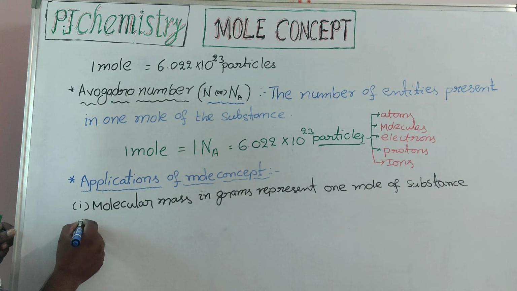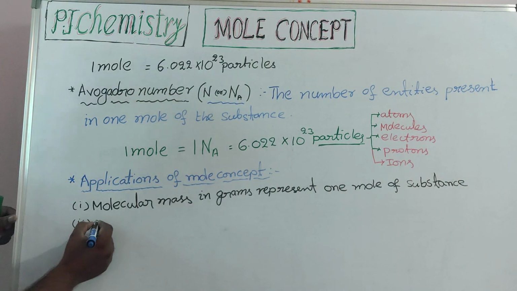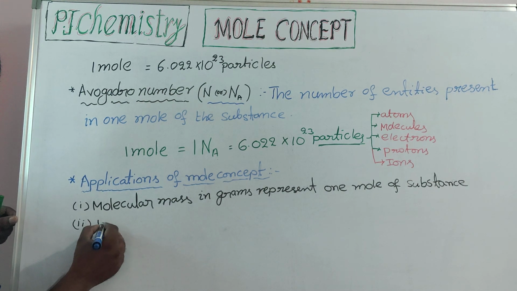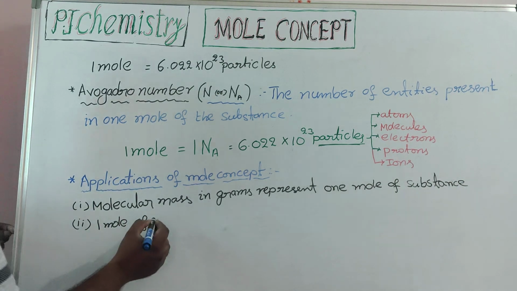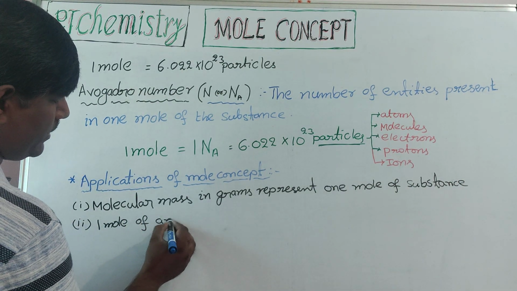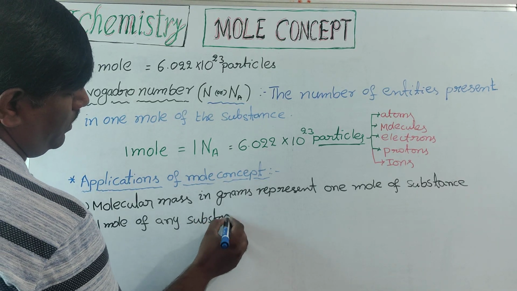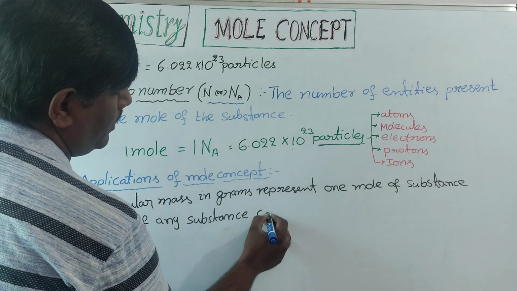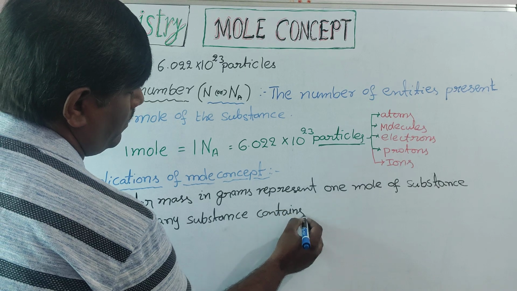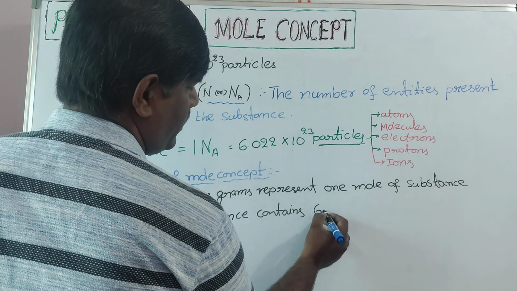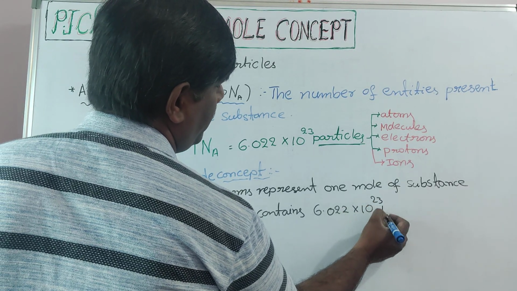Next, 1 mole of any substance contains 6.022 into 10 to the power of 23 particles.